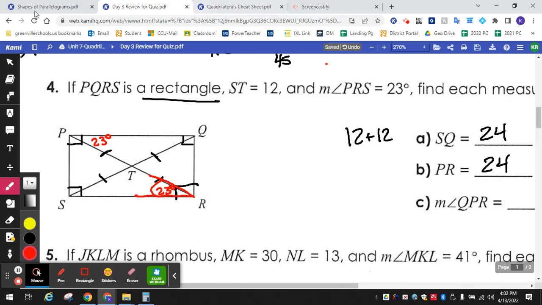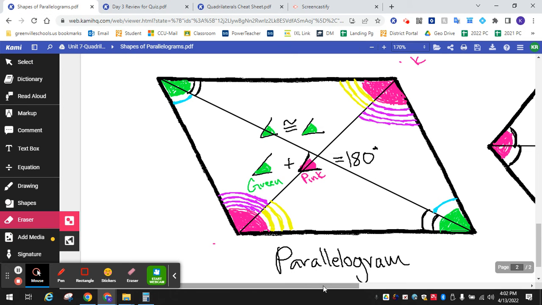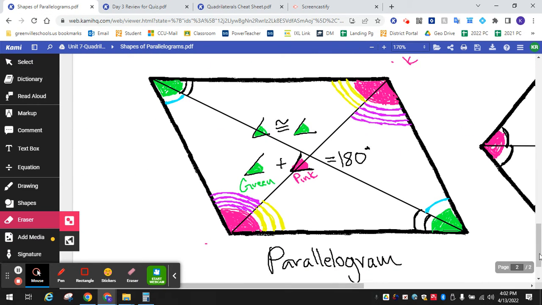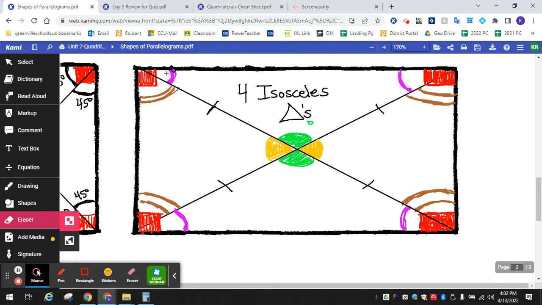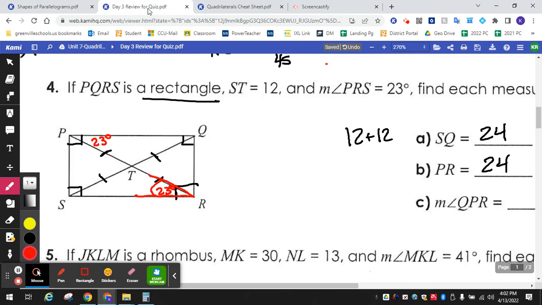If you look at what we did today on rectangles, we're talking angles. You have your 4 isosceles angles. So this angle equals this angle, and this angle, and this angle. So those 4, all my purple dash marks are equal. So all my purple dash marks should be 23. So this is 23, and this is 23. Okay. Well, we know every corner of a rectangle is 90 degrees.